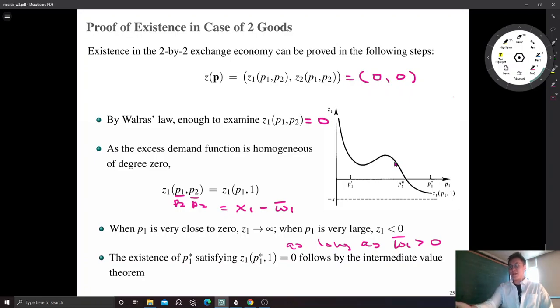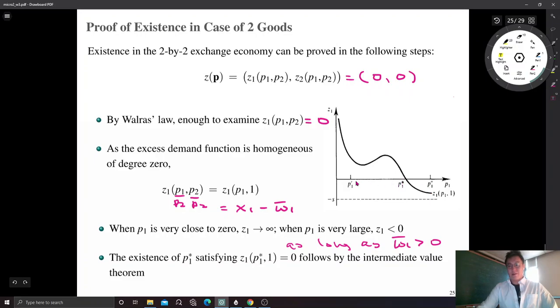The first property of the excess demand function is continuity. So we know the excess demand function is continuous in price. And at low price, z1 takes a positive value. At sufficiently high price, z1 takes a negative value. And z1 is continuous.